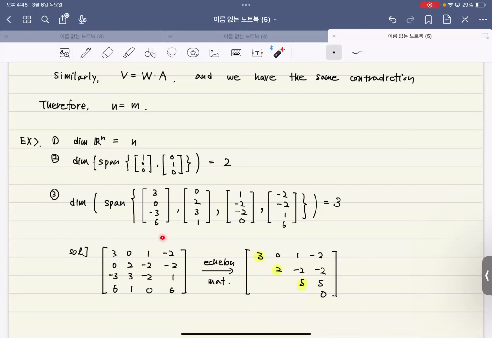So even though it looks like I have 4 different vectors, there are only 3 linearly independent columns. Therefore, their dimension is 3. And by the way, which are those linearly independent columns? I can choose them because I can see the first, second, and third columns of the upper echelon matrix are pivot columns. Therefore, the first, second, and third columns of the original matrix must be linearly independent. So if you just drop the last one, then the remaining 3 vectors form a basis of this space.